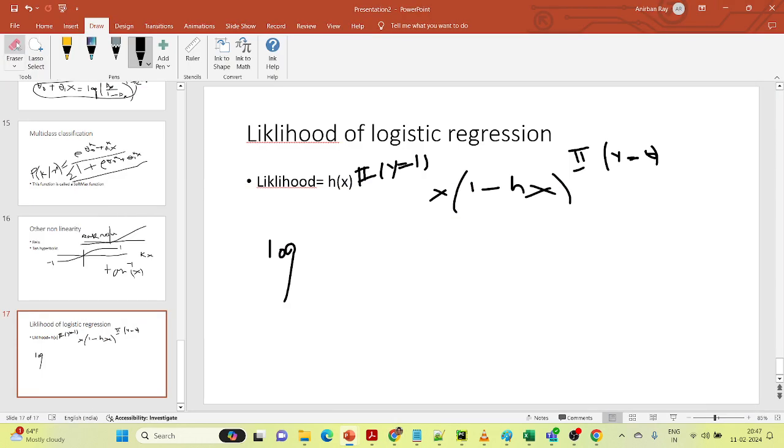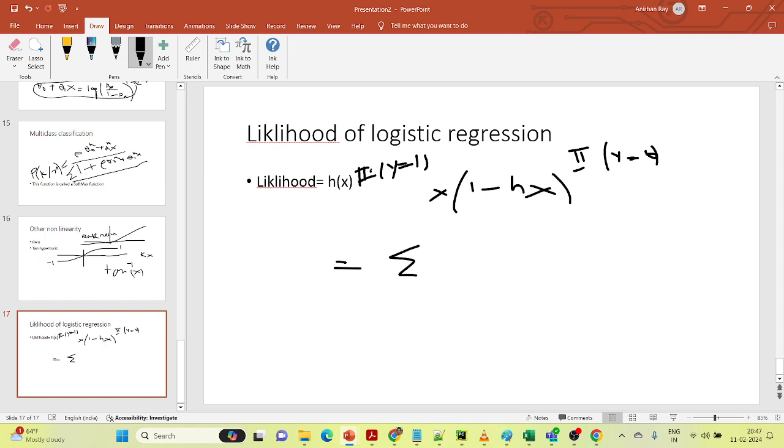As we need the log likelihood, the log likelihood will become a summation of... another thing is, I've not written it rightly.